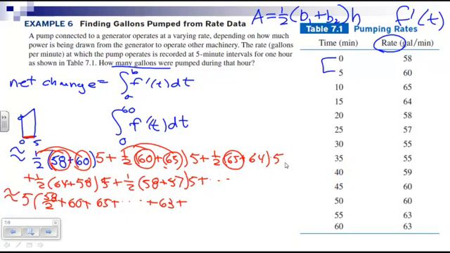And then with the very last one, a 1/2 of that. So our final answer will be 5 times 1/2 of 58, add up all those numbers, and 1/2 of 63. And that will give us the trapezoidal estimate of the area under that curve based on that data.